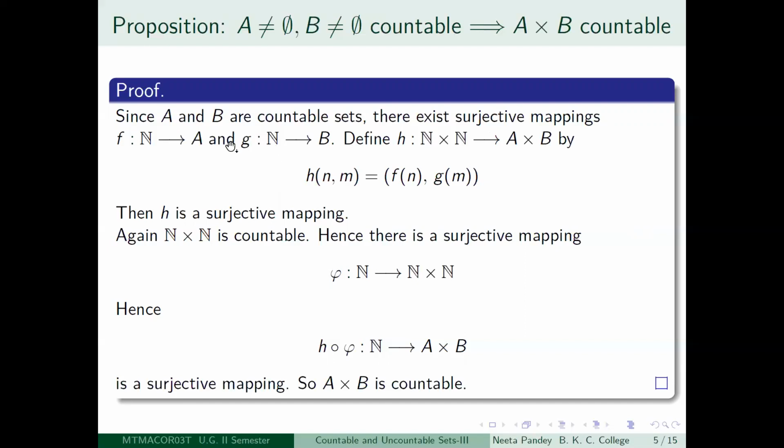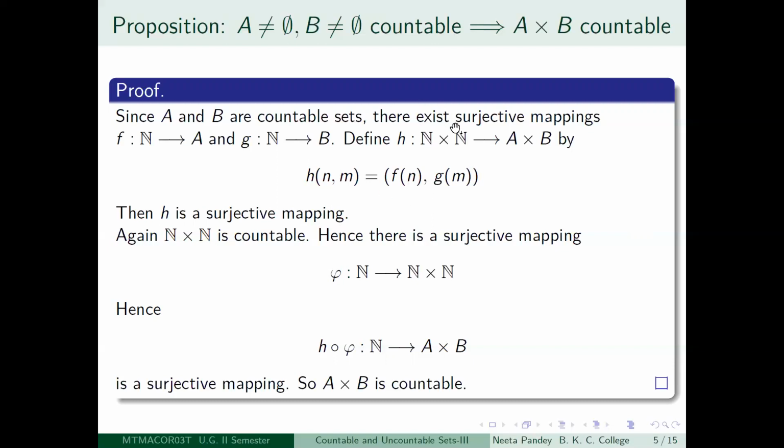And similarly, since g is surjective, you will be able to get a positive integer m, say, so that g(m) is equal to y. So therefore, you are able to get a pair of positive integers (n, m) so that (f(n), g(m)) is actually equal to (x, y). So that means that the pre-image of (x, y) under the map H will be non-empty, and hence H would be a surjective mapping.